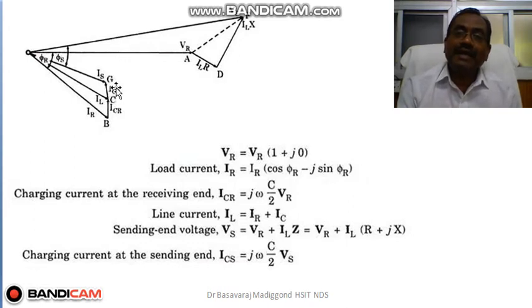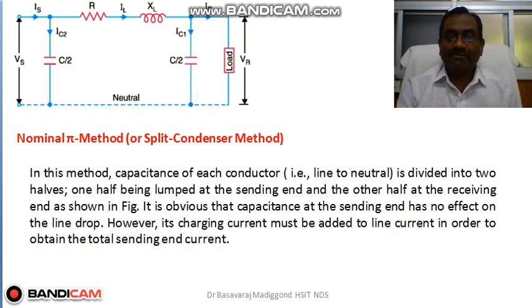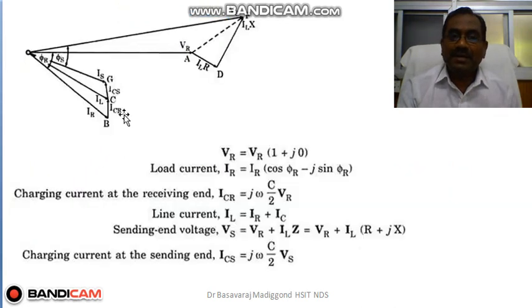Adding IL and ICS, you will get IS. Let me repeat that. IC2, this current leads this voltage by 90 degrees. That's what has been written here. ICS leads Vs by 90 degrees, and adding ICS and IL, you will get IS.